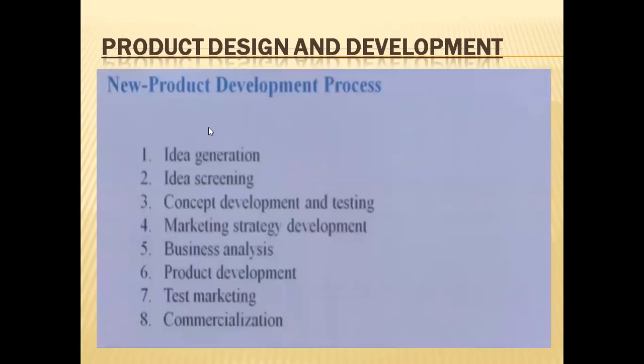Now, designing is a very small part of development. Whenever you want to develop a new product, in the third module, what are those strategies? Idea generation, idea screening. You have an idea. What is meant by idea screening?